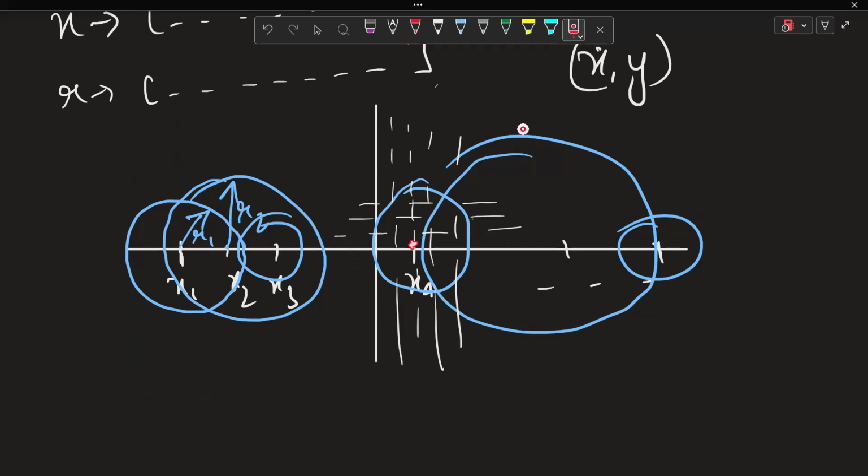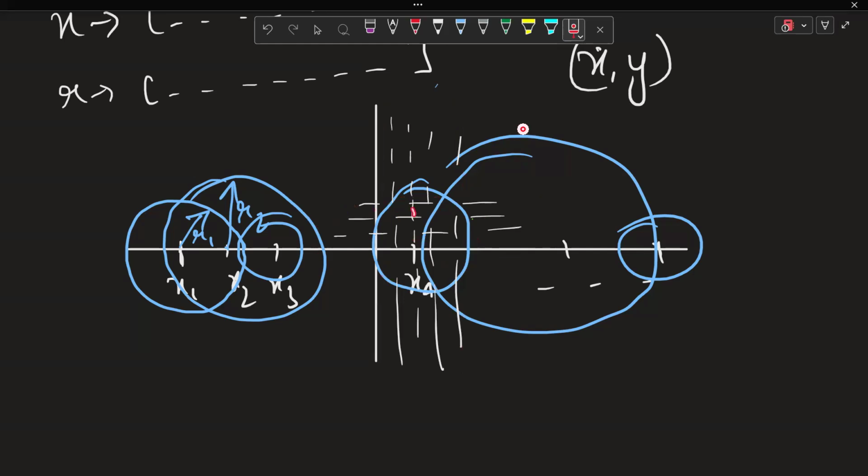For a circle, what is the range of points that may lie inside it? First, on the x-axis: if you have a point xi here, then the range is xi minus ri to xi plus ri. Any point outside this x coordinate range would never fall inside this circle.